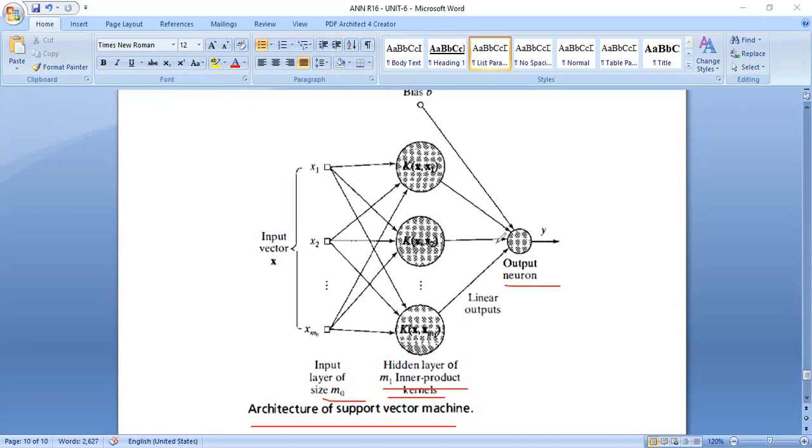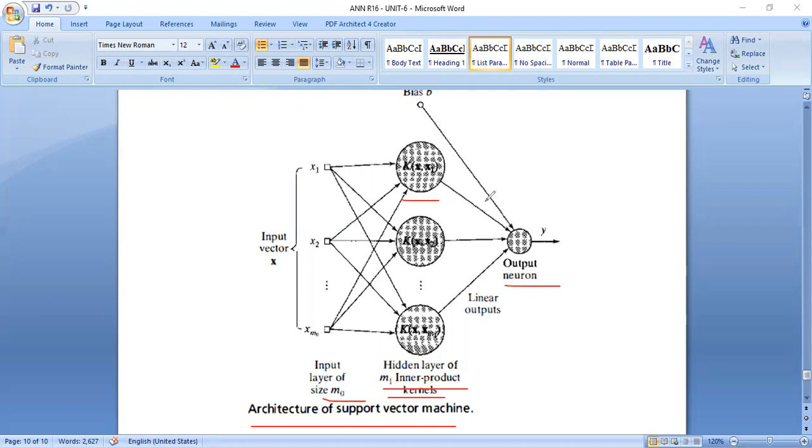So this is the architecture of the support vector machine. The activation functions used in these hidden neurons are called inner product kernels. We can use three types of inner product kernels in place of the activation functions of this network.